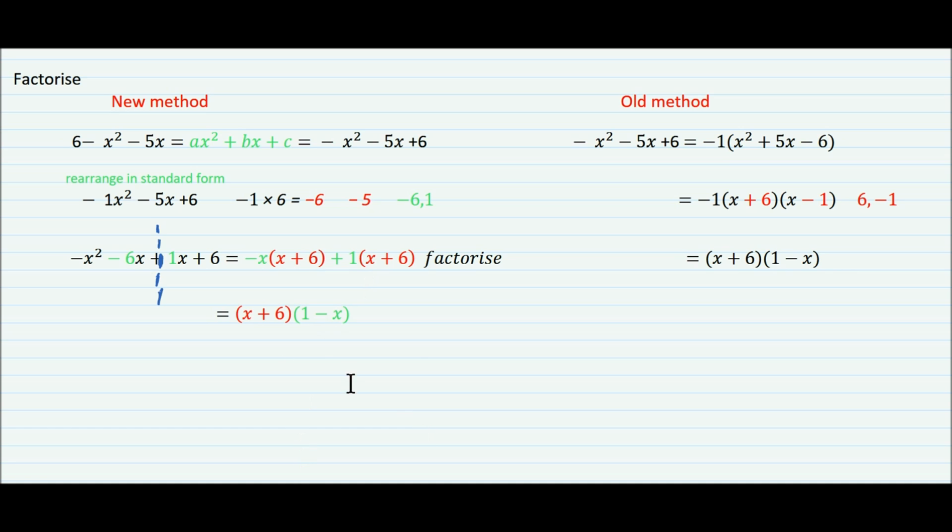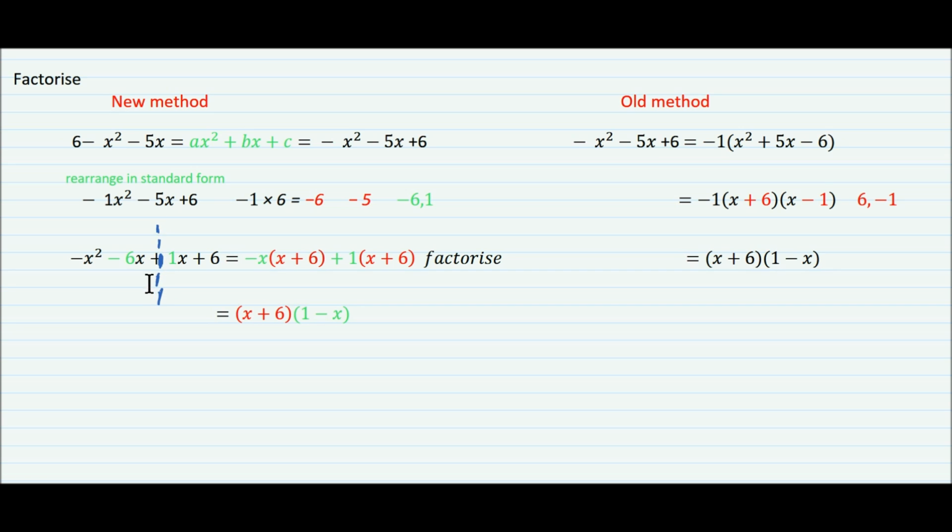So this expression you'd write like this. What you do, you carry the x squared, so it's minus x squared, and carry the plus 6, and in the middle we've previously said that this minus 5x is equal to the sum of this, so you write it like that. So you put minus 6x plus 1x.